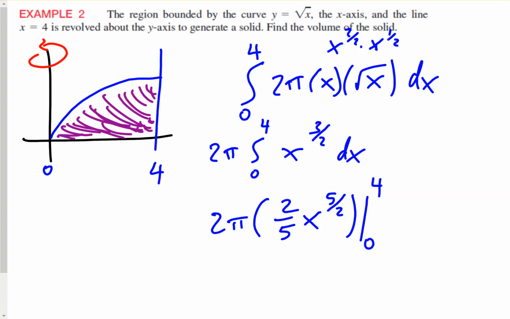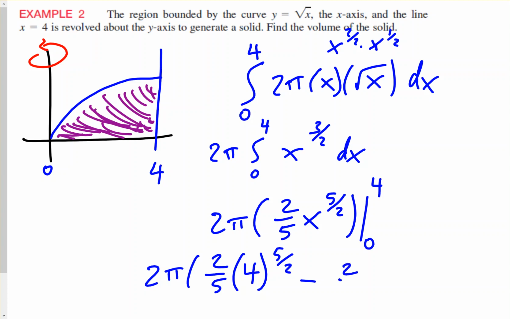And then we would plug in 4. So we have 2 pi times 2/5 of 4 to the 5/2 minus 2/5 of 0 to the 5/2.